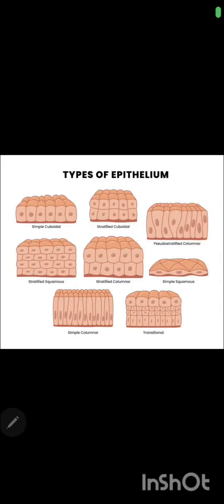First step: during the microscopic study of different epithelial tissue cell layers, you should know what structures to identify from each epithelial tissue. There are three main things you should follow during microscopic observation of the different epithelial tissues.